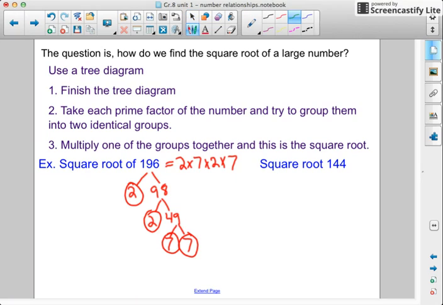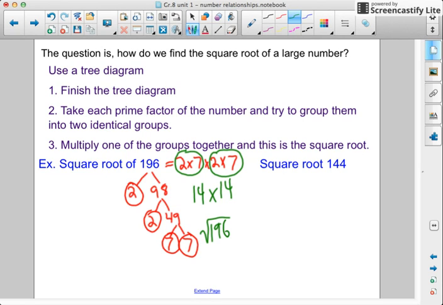So if we group them together, like I've done, 2 times 7 and 2 times 7 are identical groups. So if we multiply one of those groups together, we get the square root. So 2 times 7 is 14. Okay, so 14 times 14 equals 196. So this means that the square root of 196 is 14.